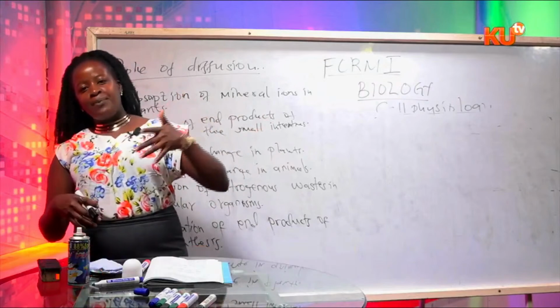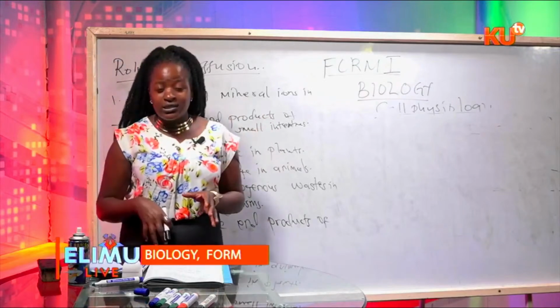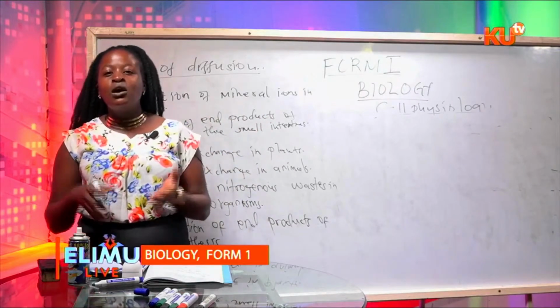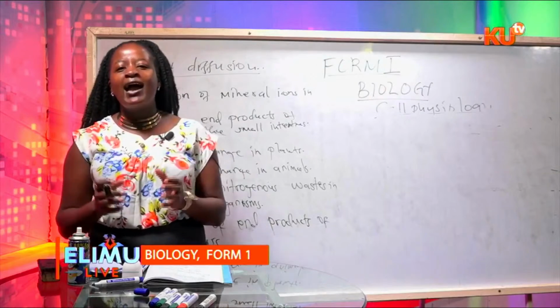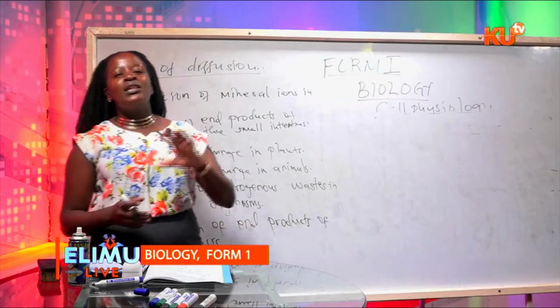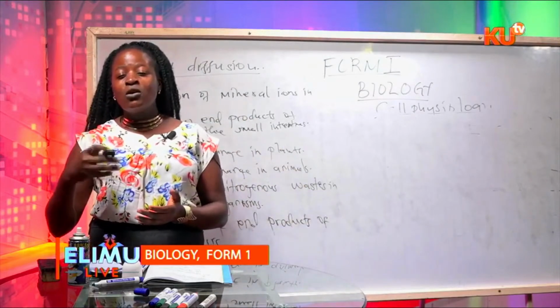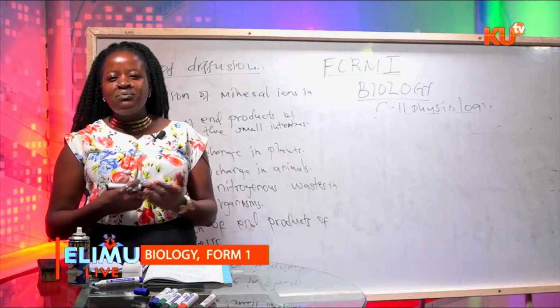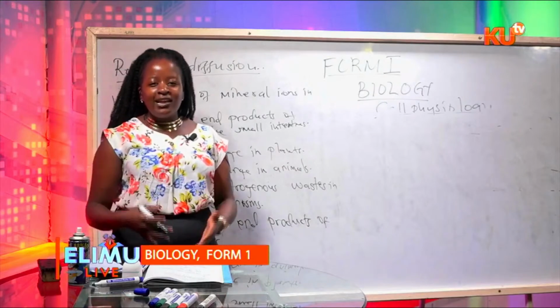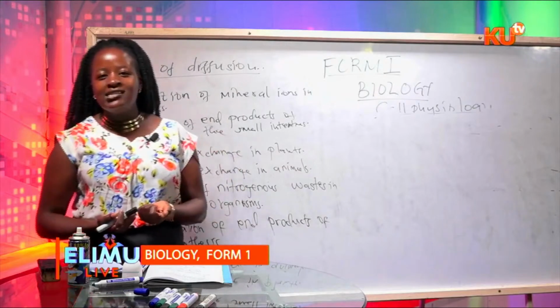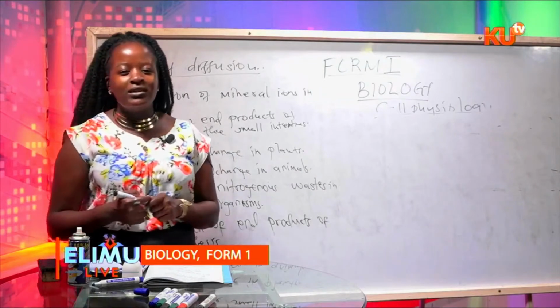So what happens? They will diffuse from the soil solution, which is their region of high concentration, and they will enter into the root hairs where they are lowly concentrated. These mineral ions will then be taken up by the plant and used in the body.